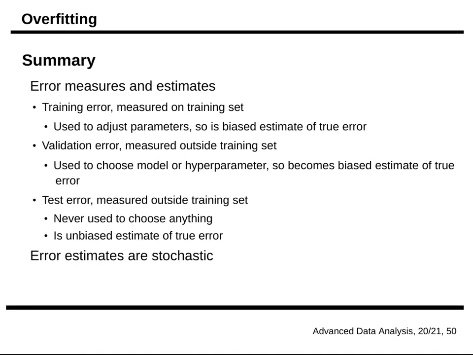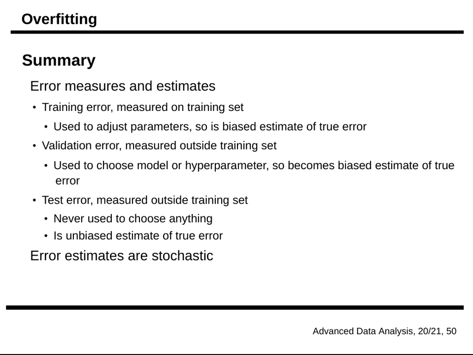Okay, so to sum up, we saw these different kinds of error estimates. Training error is actually a measured error on the training set. We are trying to use it as if it were an estimate of the true error, because we're trying to minimize that, assuming that the best model, the best instance of the model, is the one with the set of parameters that minimize the training error.